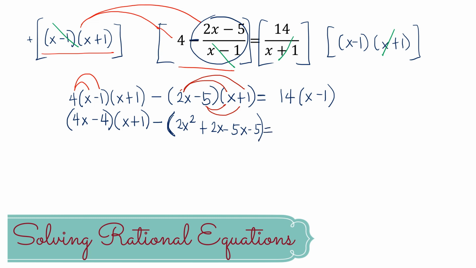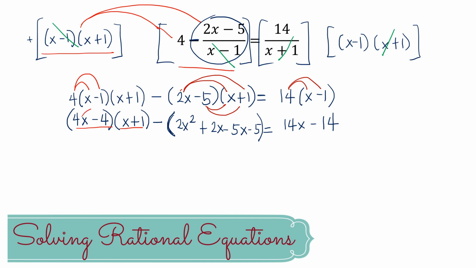Distribute 14 to x and to negative 1. So we have 14x minus 14. Okay. Next, we have to multiply this binomial 4x minus 4 by x plus 1. So again, this is getting the product of two binomials.